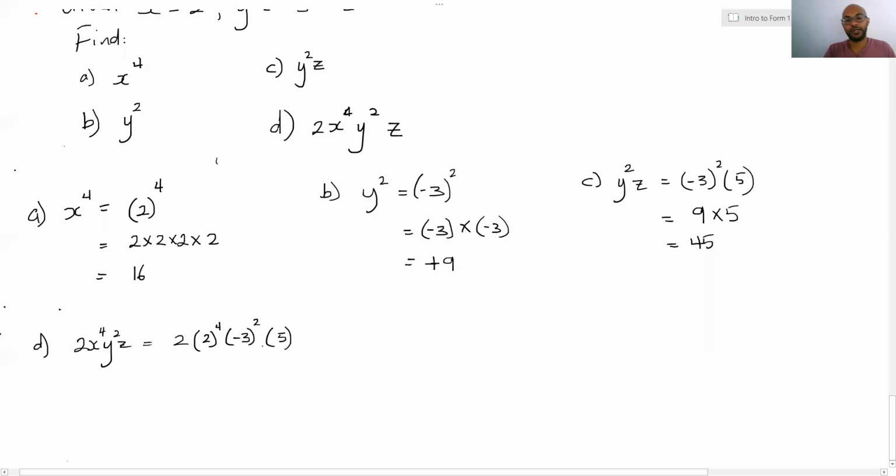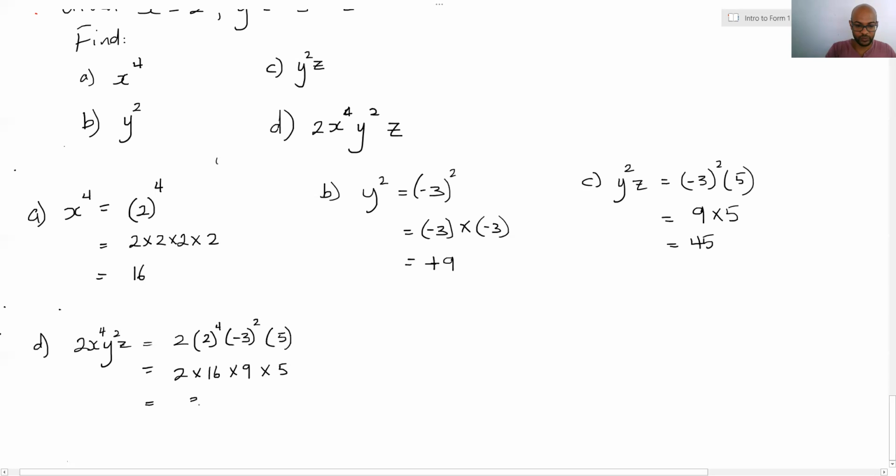And then you are simplifying, by means of multiplying, adding, whichever operation the expression dictates. We worked out 2 to the power of 4 already, and that was 16. We worked out negative 3 squared, that was 9. And 5. So we can work from left to right.